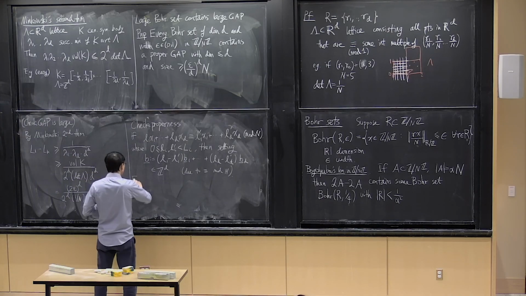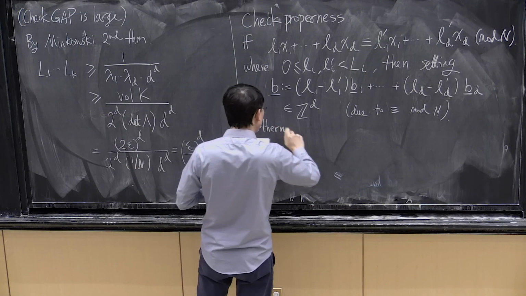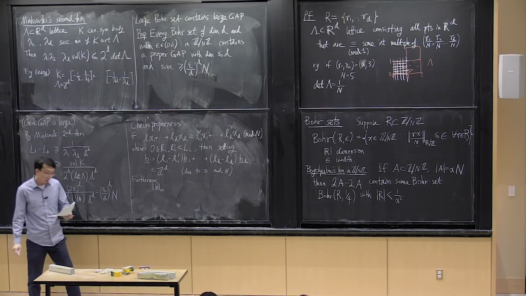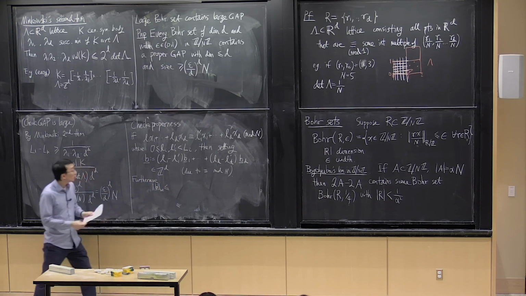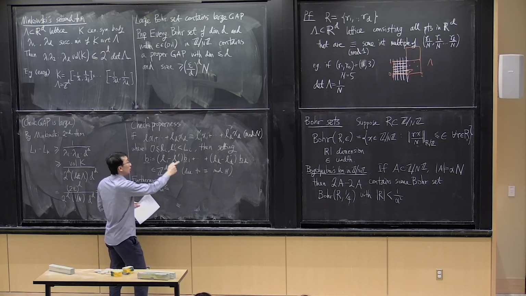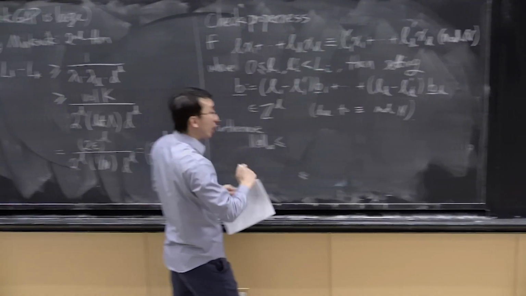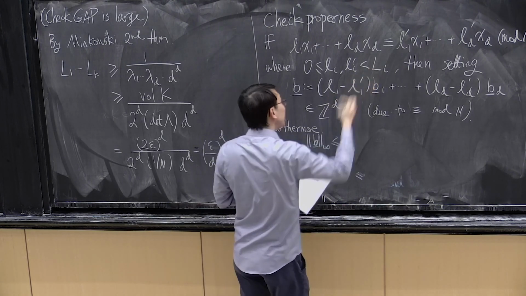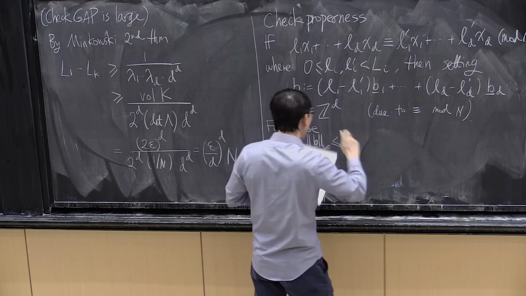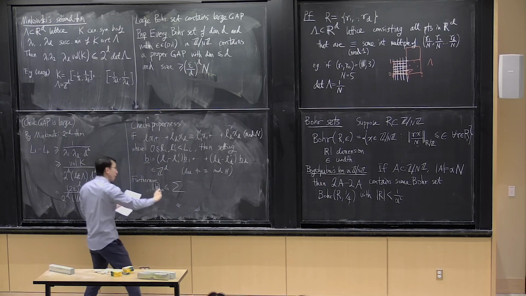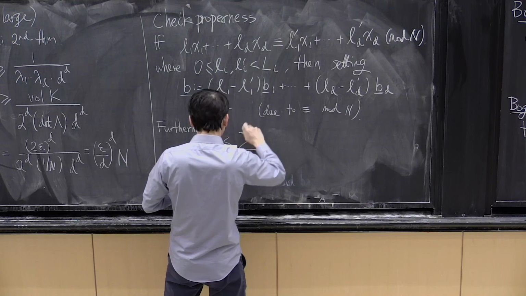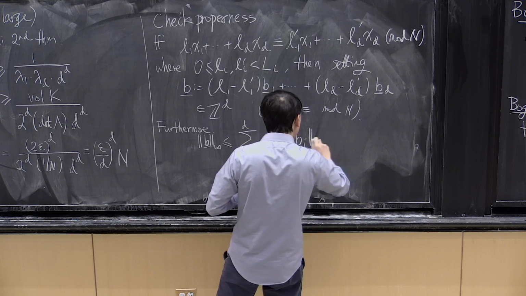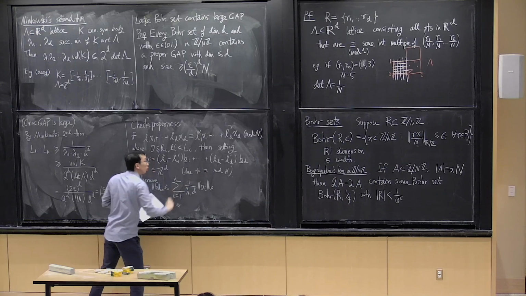And furthermore, the L infinity norm of b is upper bounded by, well, each one of them has small L infinity norm, and this is some number that is bounded, less than uppercase L. So the whole sum, the L infinity norm, cannot be larger than this quantity over here, where I essentially use the triangle inequality to analyze this b term by term.